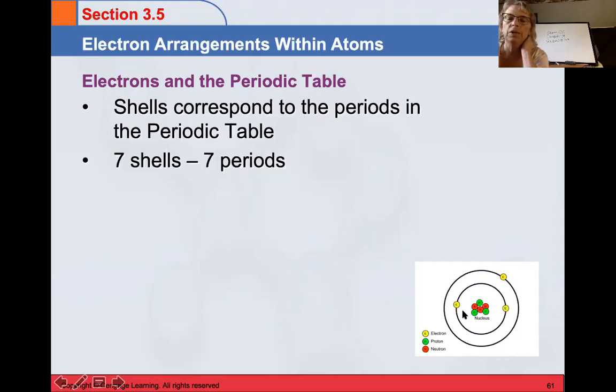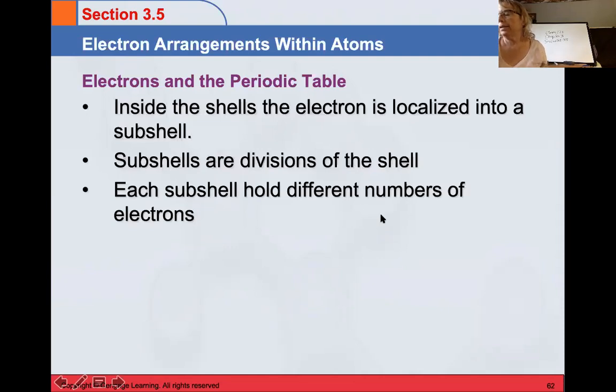So the first two electrons that go into an atom represent electrons that would be in the first period in the periodic table. And the next electron that gets added to an atom would represent electrons that got added in the second period in the periodic table. And I'm going to show you how that works.